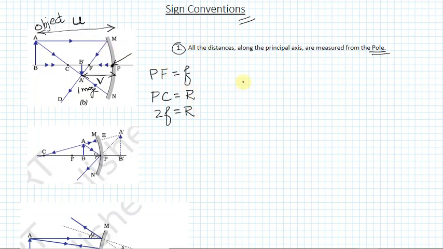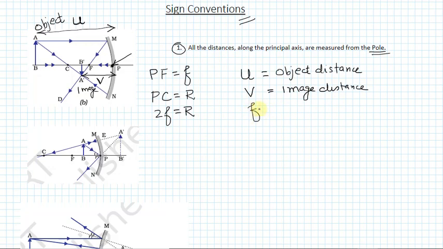So we have these symbols: u, which is object distance, v is image distance, and f, small f, is focal length, right?